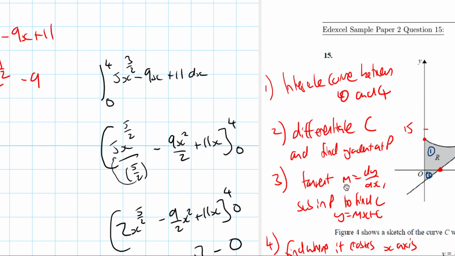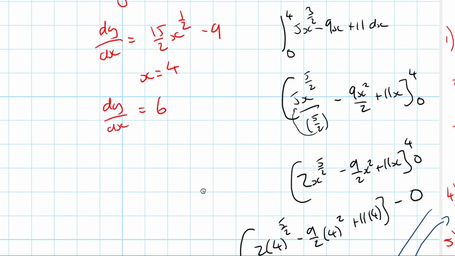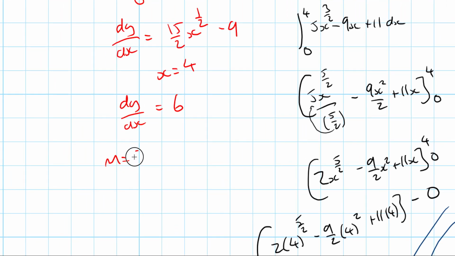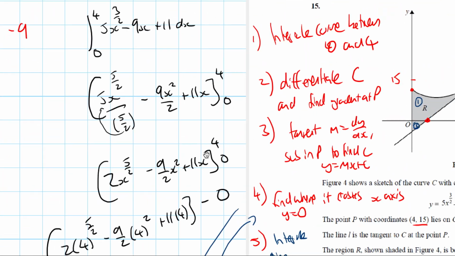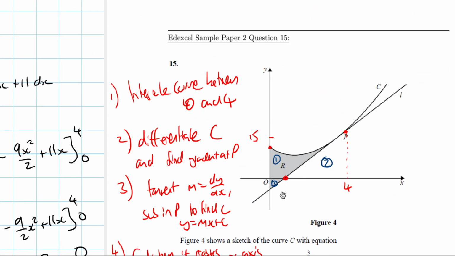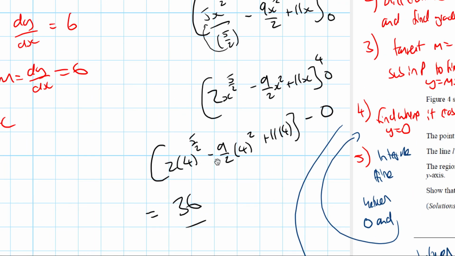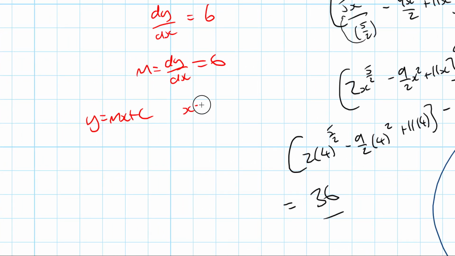Our next step then is we've got the tangent, so m is equal to dy/dx, which is equal to 6, and therefore we can use y equals mx plus c. And we know that the line is travelling through point P because it tells us a tangent at point P. So we're going to plug in x equals 4 and y is equal to 15.